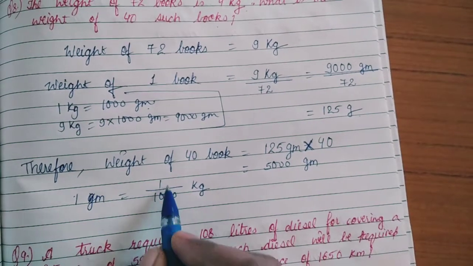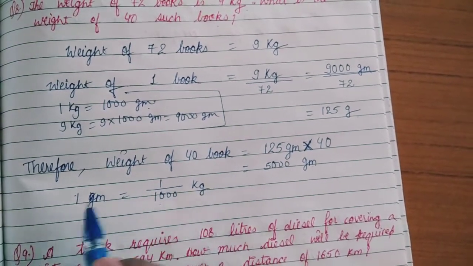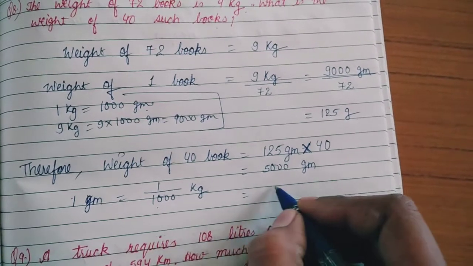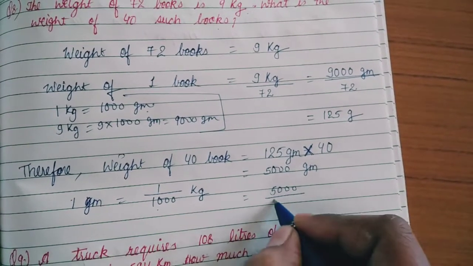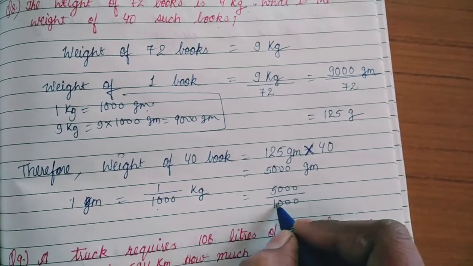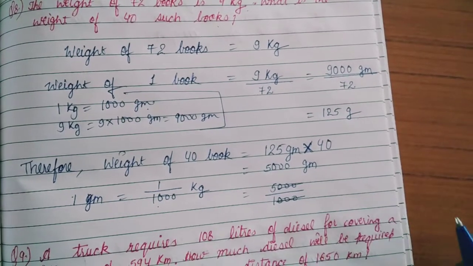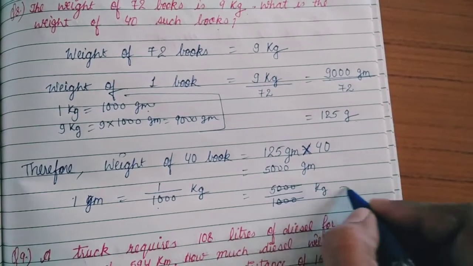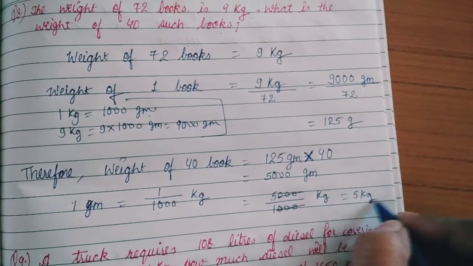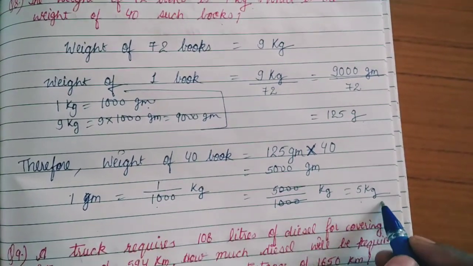So simply this 5000 is divided by 1000. The last three zeros will cut, and here we will get kilogram. It means the weight of 40 books is 5 kilogram.